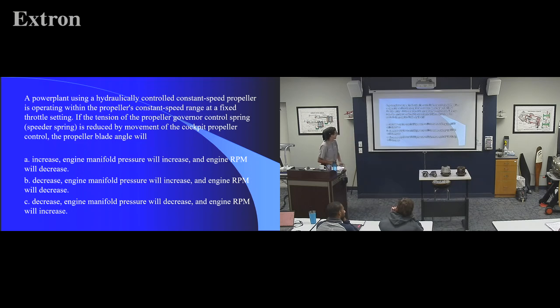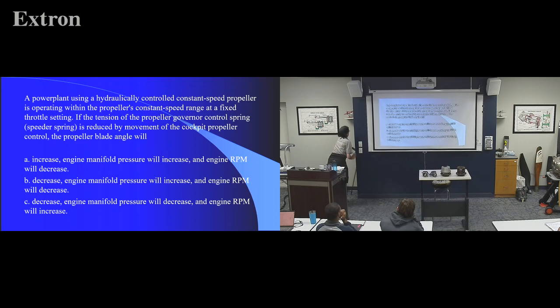It says, a power plant using a hydraulically controlled, that just means a normal oil governor, hydraulically controlled constant speed propeller is operating within the propeller's constant speed range at a fixed throttle setting. If the tension of the propeller governor control spring or speeder spring is reduced by movement of the cockpit propeller control, the blade angle will do what?